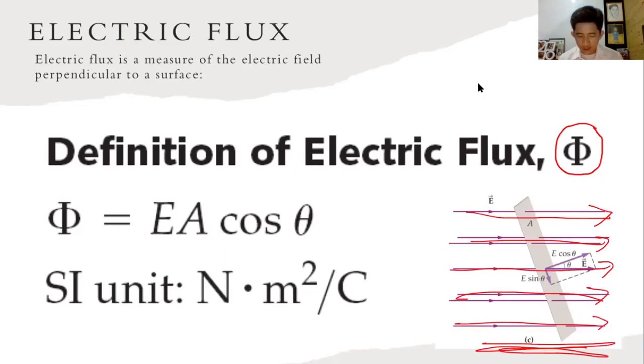Why is it cosine theta? You will notice that this area that I'm referring to is where the electric flux will pass through. So to have clear instructions and clear definitions of electric flux, let's watch this video clip.